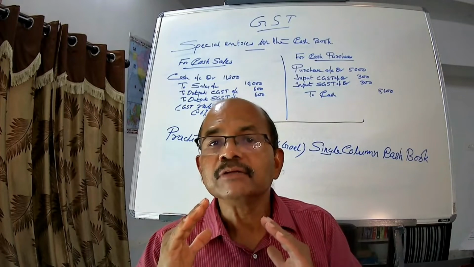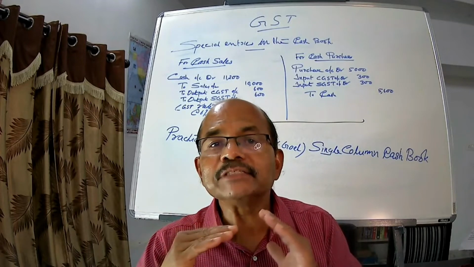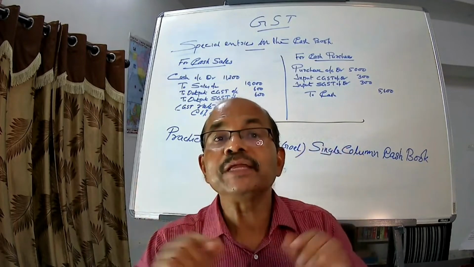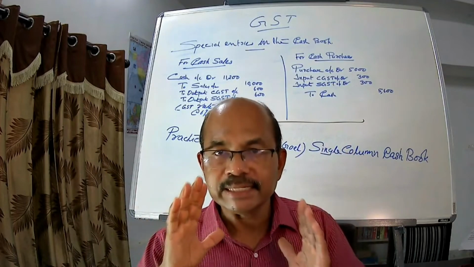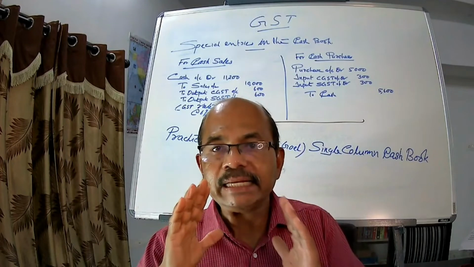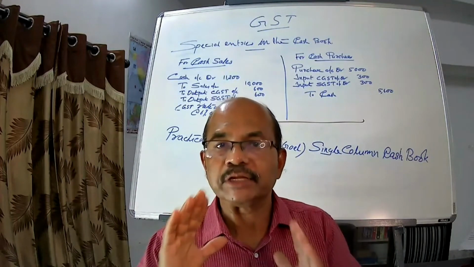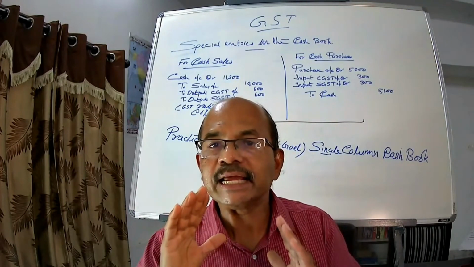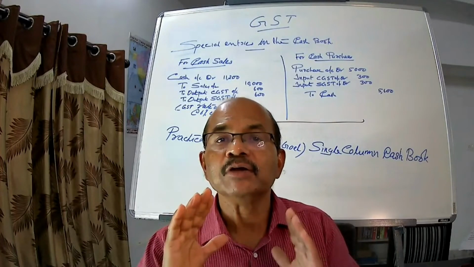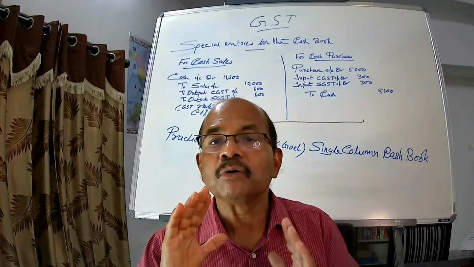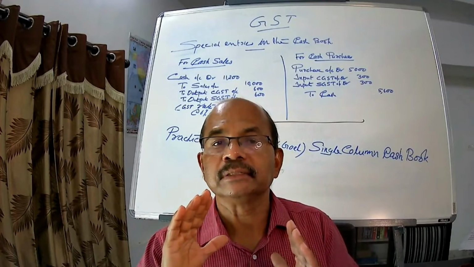Obviously, a single entry each only was required. I repeat, a single journal entry each only was required for a cash sales or a cash purchase.